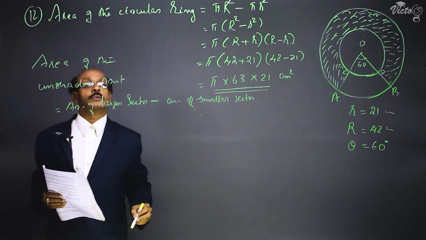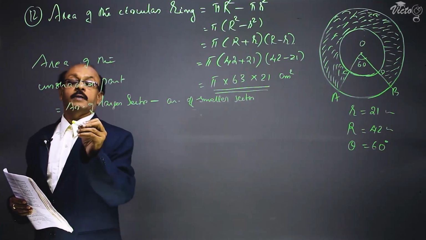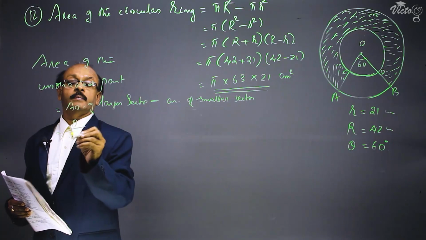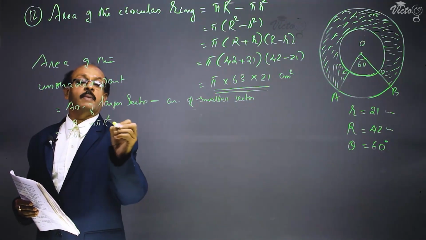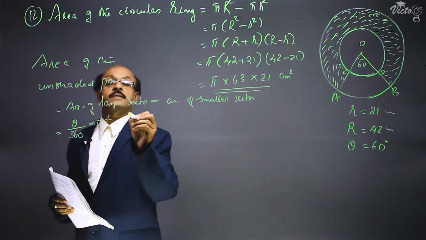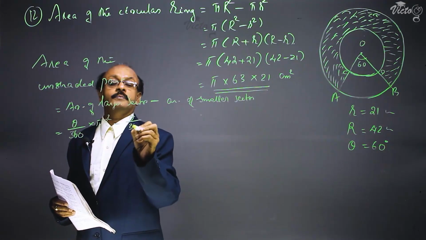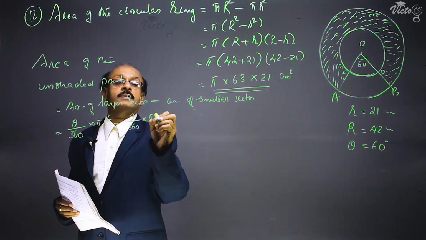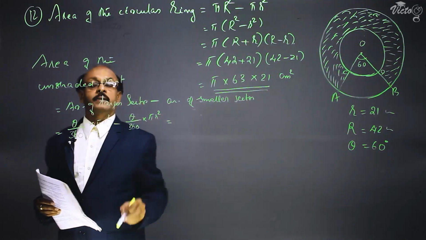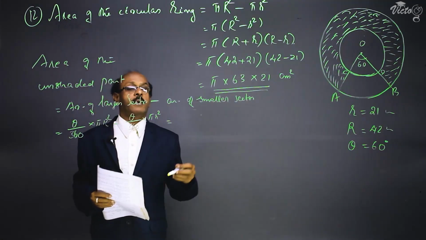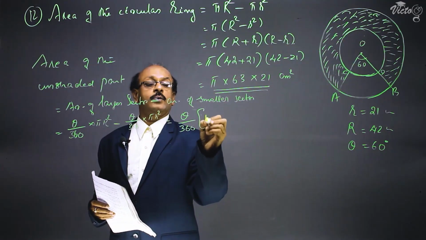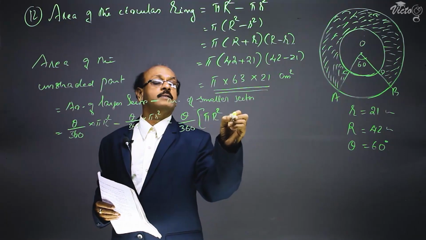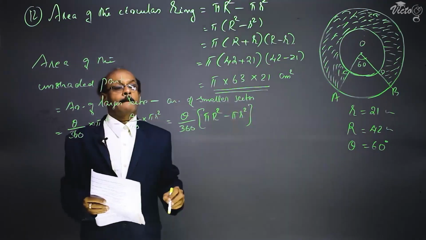Which is equal to theta by 360 into pi capital R square minus theta by 360 into pi small r square. Here also we can take theta by 360 as common. Theta by 360 into pi capital R square minus pi small r square.